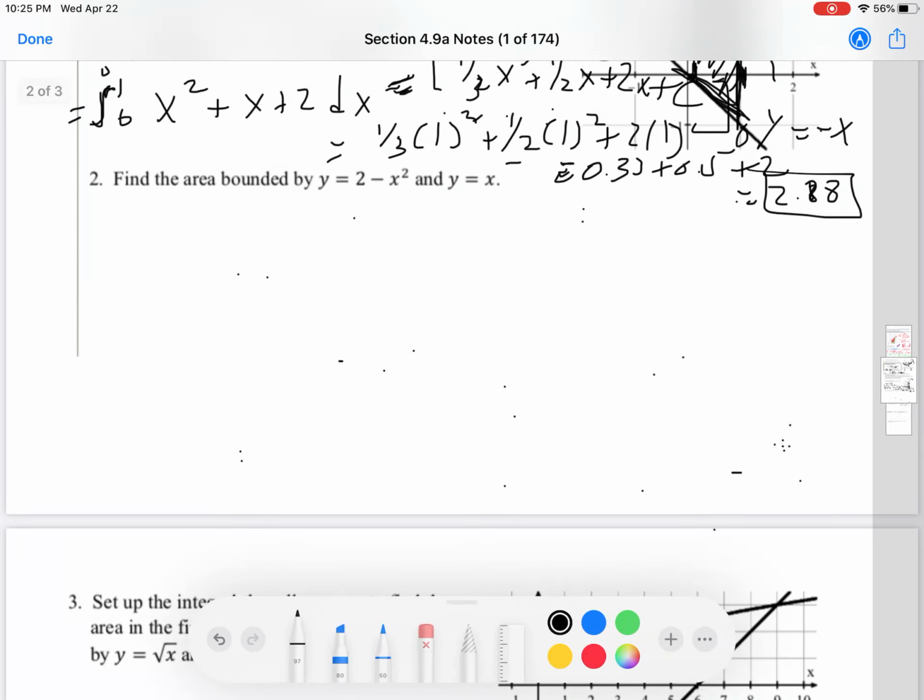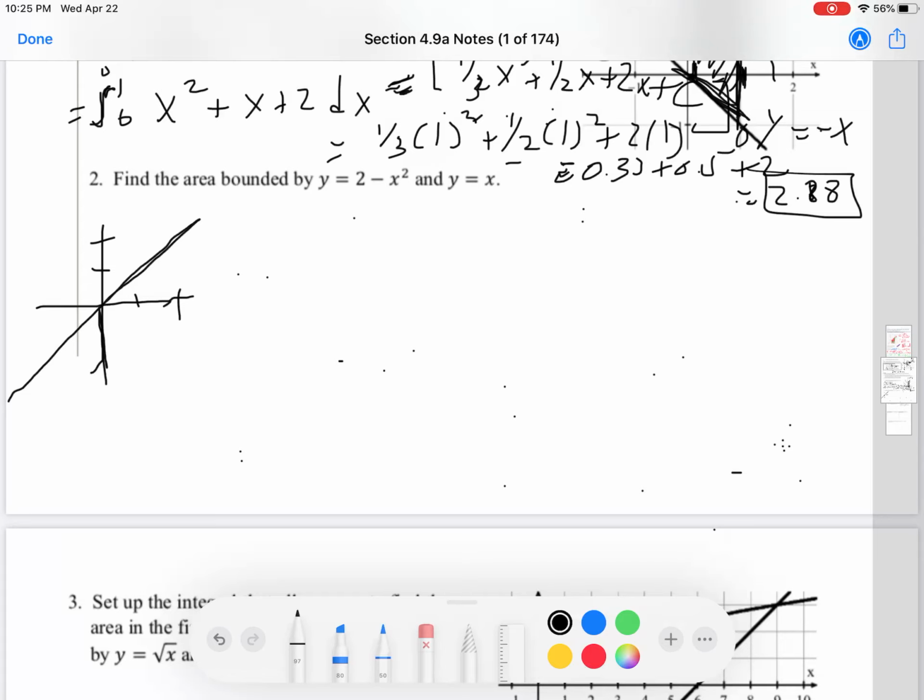All right, so now we're going to operate on something a little bit at the next level. On this one, I do not have a graph that I provide you. My suggestion, just to help you think about what top and bottom would be, is to create a very rough graph. So y equals x, that's pretty easy to graph. Usually I give you one that's really easy to graph, like y equals x.